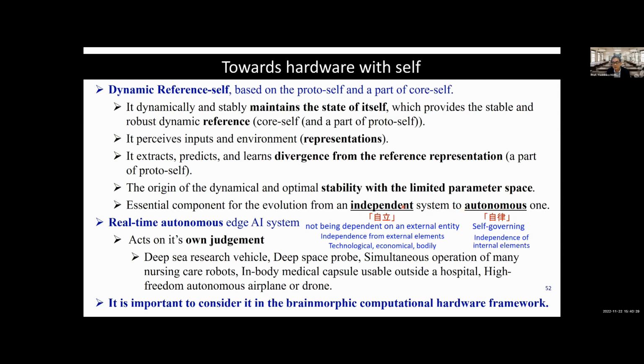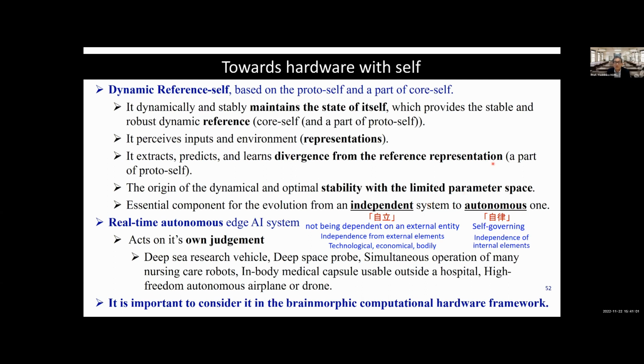Here, independent means not being dependent on an external entity, and autonomous means self-governing. That means independence of internal elements. Those two are very different, but these days many people use autonomous this, autonomous that. But in reality, most of them are actually independent systems. We need an actual autonomous system.